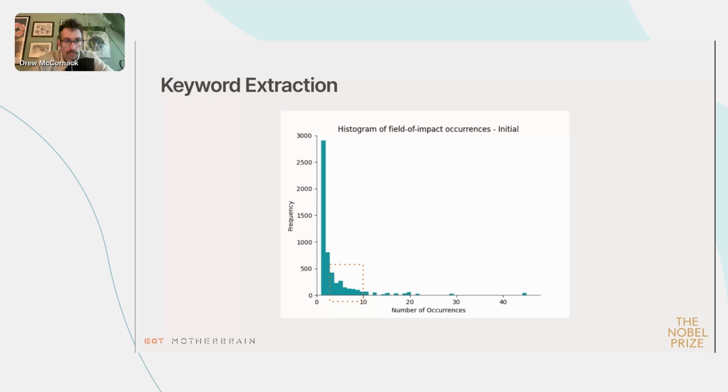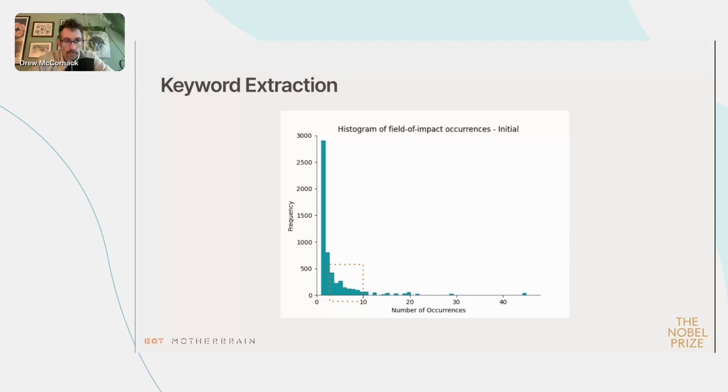And that didn't feel right because, again, we wanted to make an interactive graph that could connect and bridge between different laureates. So we wanted to find a sweet spot where we would have maybe between 3 and 10 laureates per keyword. So we had to do something to fix this situation.